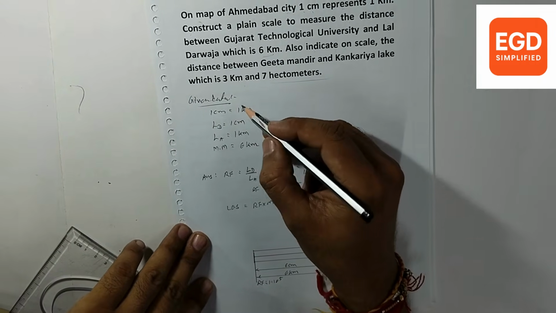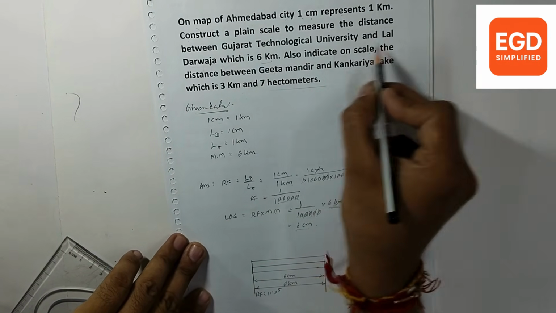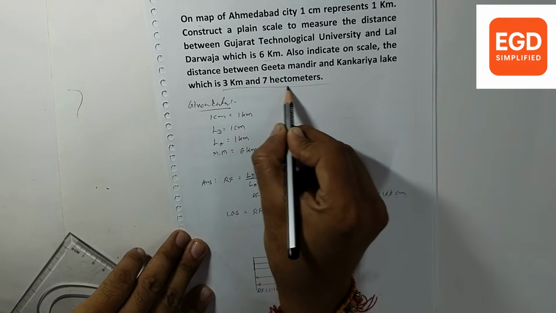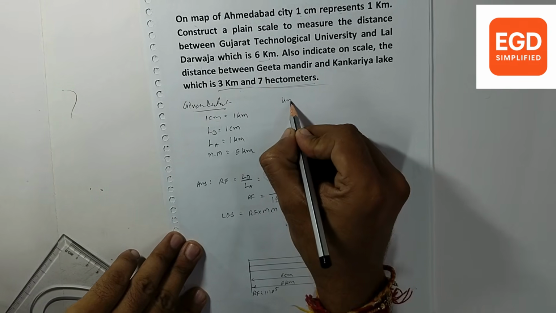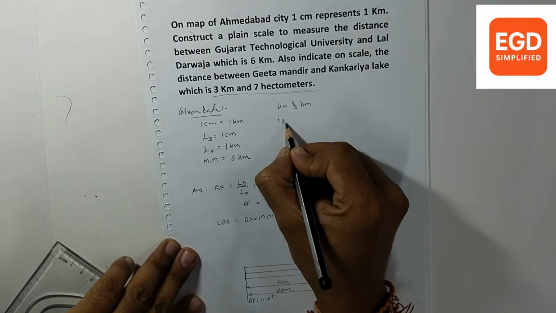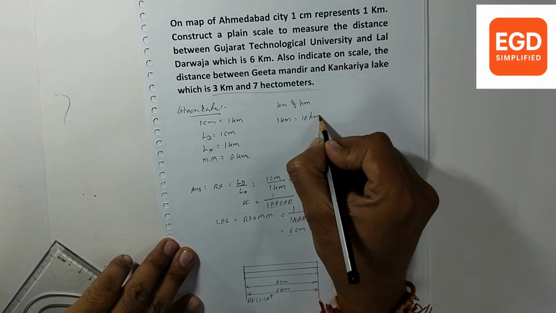Now we have used all the given data, but what to do now? Is anything else given? Yes, we have to present 3 kilometers and 7 hectometers. So we have 2 units to indicate, kilometer and hectometer. With unit conversion, 1 kilometer is equal to 10 hectometers.